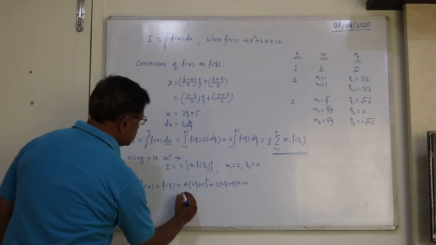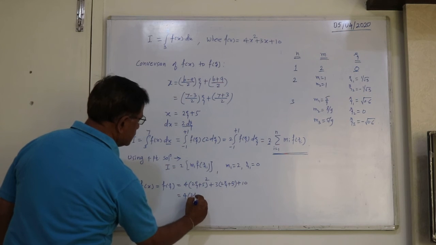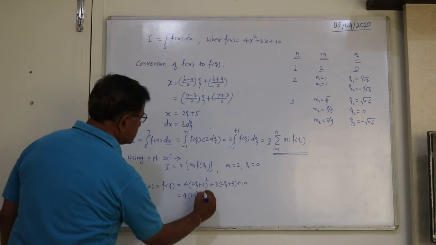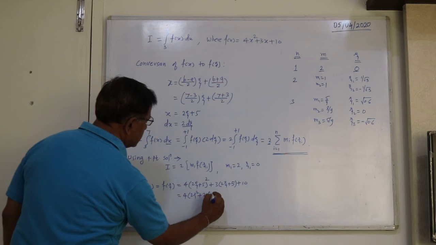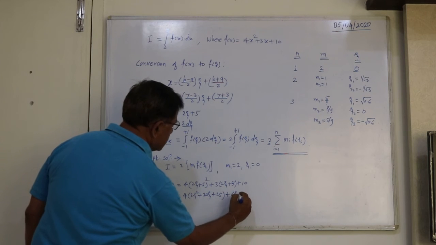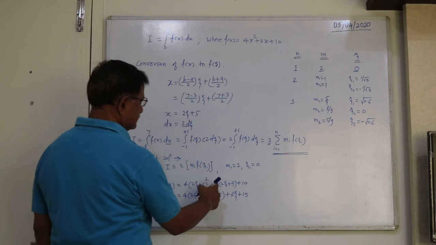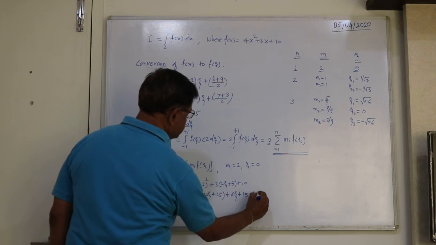So this is 4 into 4 xi squared plus 20 xi plus 25, plus 6 xi plus 15, plus 10.